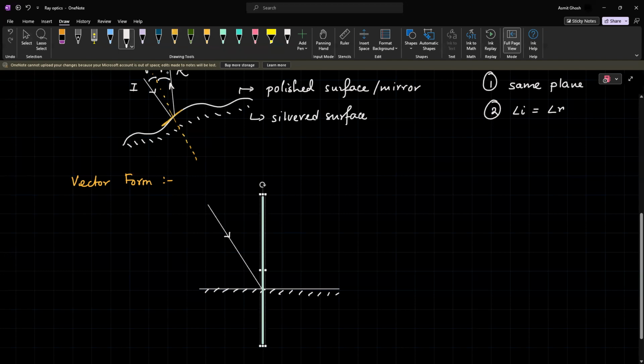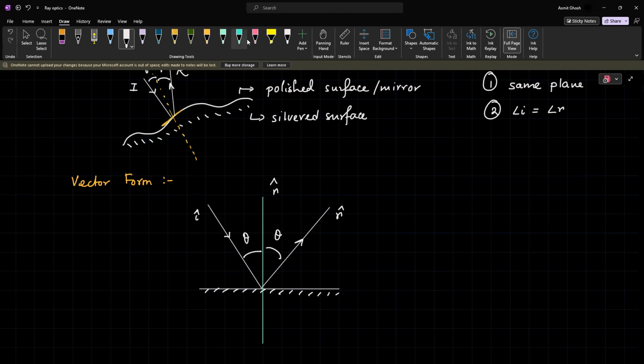And hence, this is our angle of incidence. So equal to the angle of incidence, we will have the reflected ray R. So we can call this also angle i. Okay. So you can say that this has a direction of i cap and this has a direction of r cap. And the normal has a direction of n cap. Okay. And let us call these angles theta.